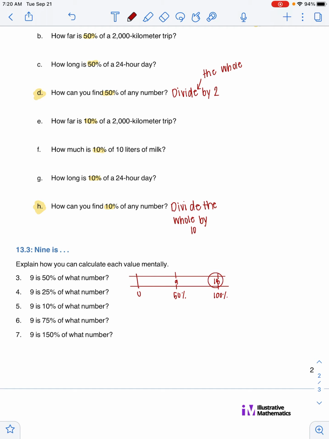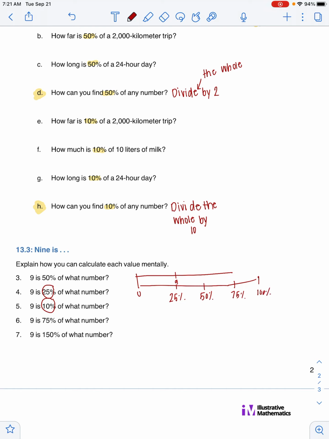The same thing goes for questions like 25% and 10%. Because if you think about a double number line and you imagine 9 as 25%, you know that to get from 25% to 100%, or to think about what is the whole, you need to scale up 9 4 times.